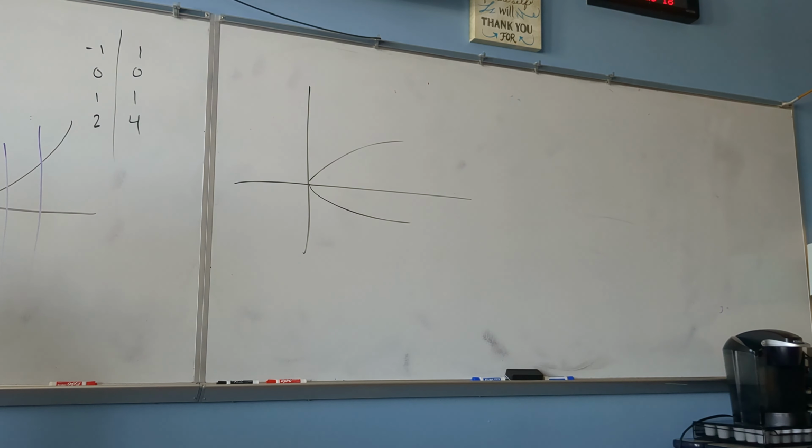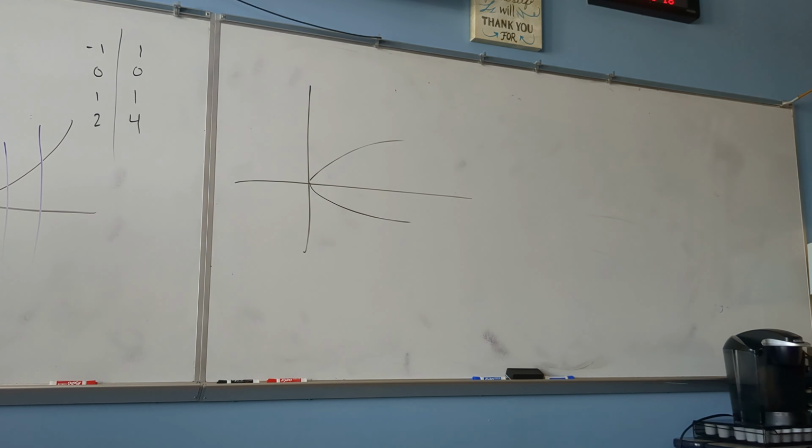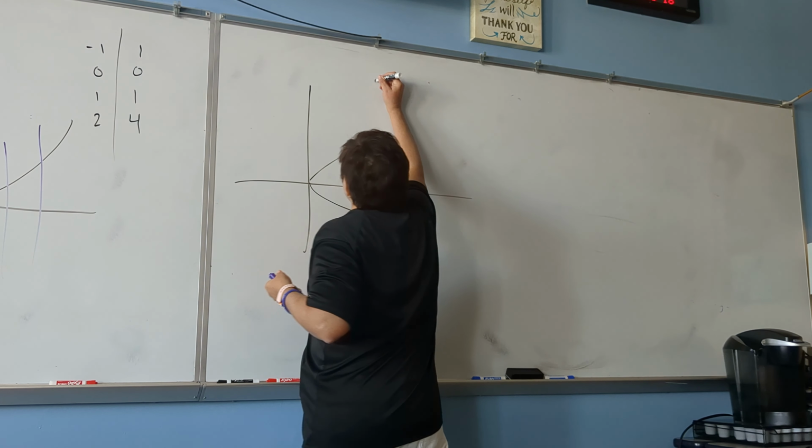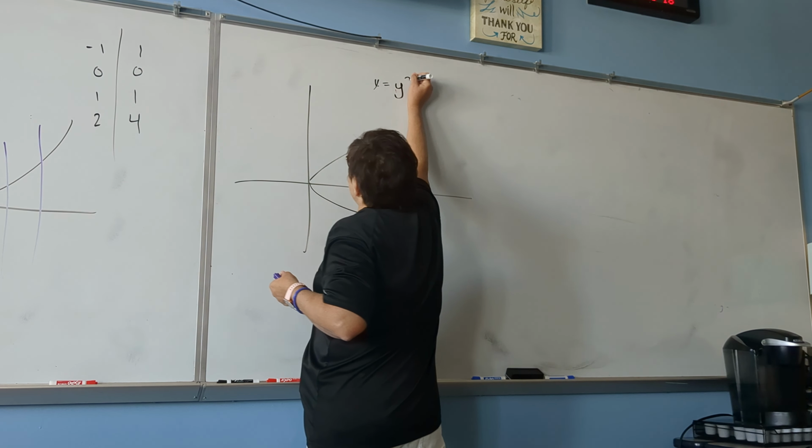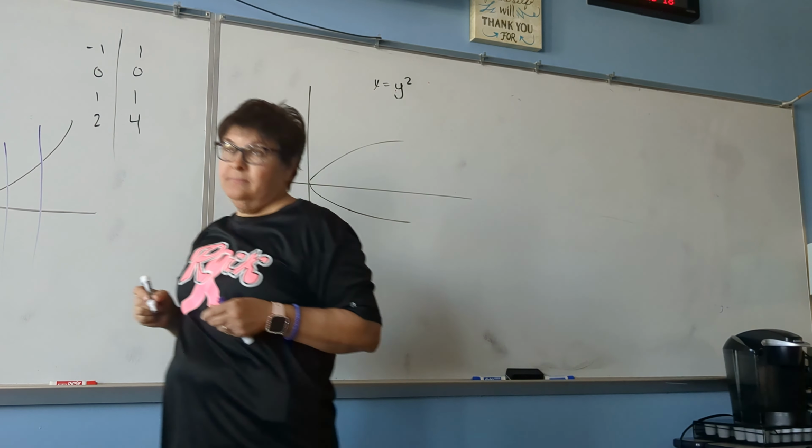It's a sideways parabola. Do you guys know the formula for this guy here? Isn't it x equals y squared? Exactly right. x equals y squared would be this guy here.